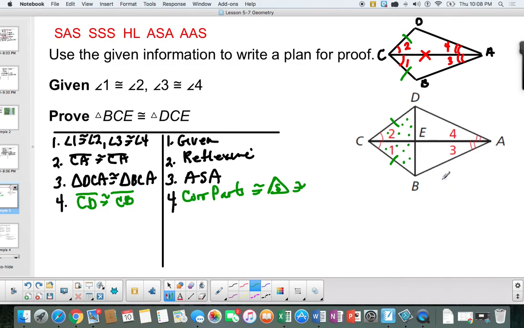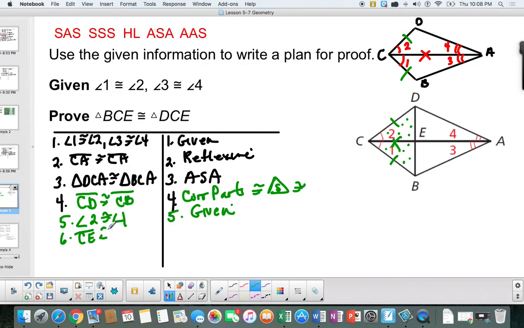All right, so I am now worried about another pair of triangles, and I'll continue this in green. So step 5, I've got CD congruent to CD. I've also got angle 2 congruent to angle 1, and that's from the given. I'm just using the given again, but in a different triangle. And then I have this reflexive side right here.